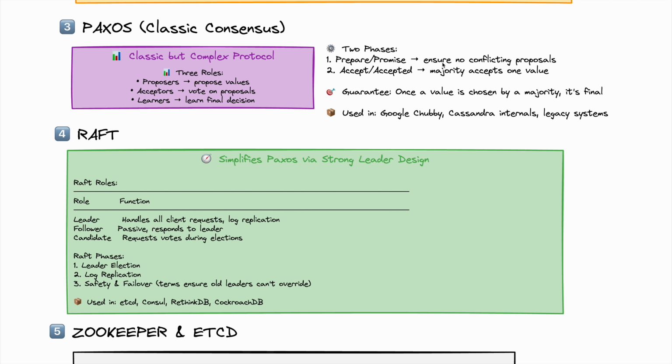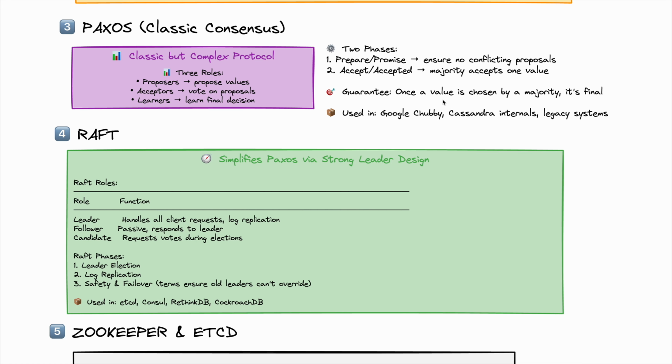After that, the nodes accept the value, and the majority accepts it. Then we accept that this value is accepted by all the nodes. So what's the guarantee here? The guarantee is that one value is chosen by the majority, and it's final.